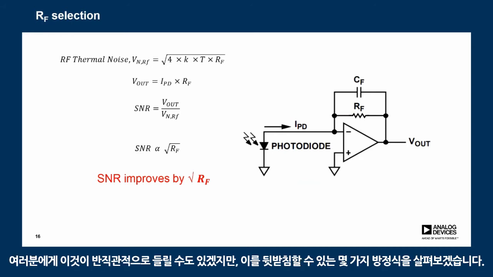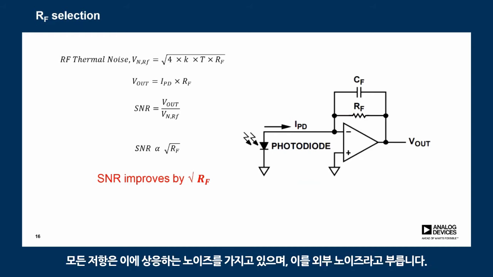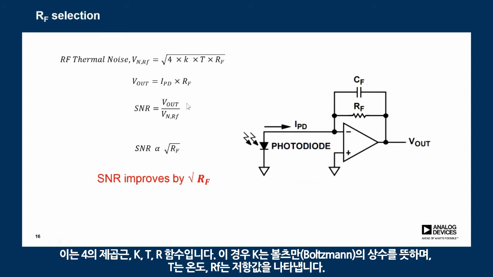Well, this might sound counterintuitive to you, but let us look at some equations that are going to back up that statement. Every resistor has a corresponding noise, what we call thermal noise, and it's a function of the square root of 4kTR. In this case, k refers to the Boltzmann constant, T refers to the temperature, and RF refers to the value of the resistor.